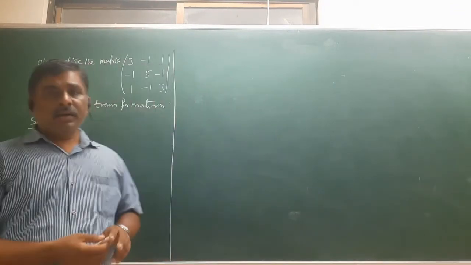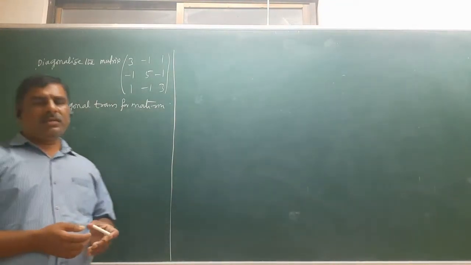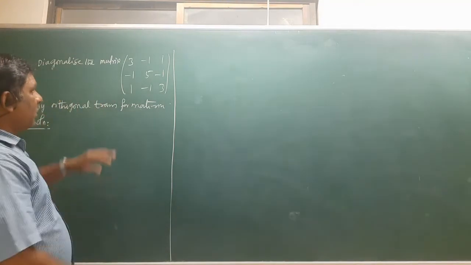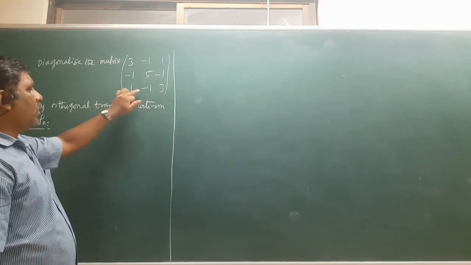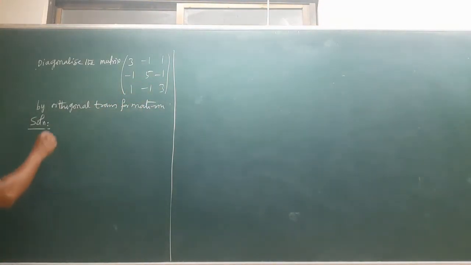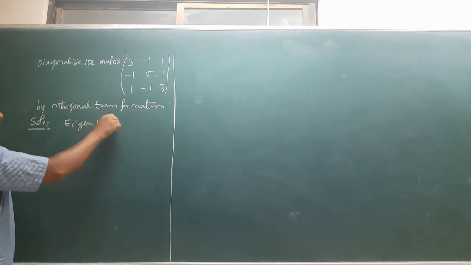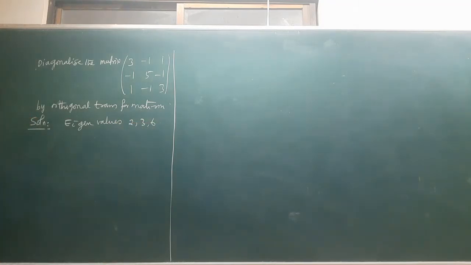We are finding the diagonal matrix, or diagonalization of the matrix, by using the orthogonal transformation. So what is the given matrix here? 3, minus 1, 1, minus 1, 5, minus 1, 1, minus 1, 3. Already we found the eigenvalues 2, 3, 6.